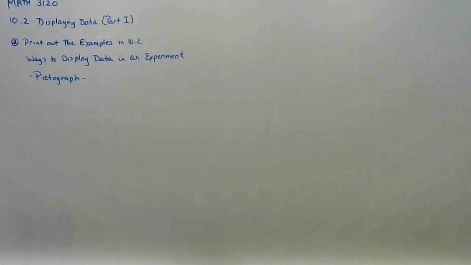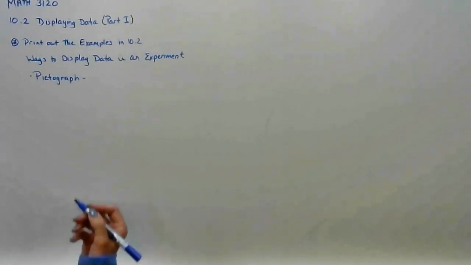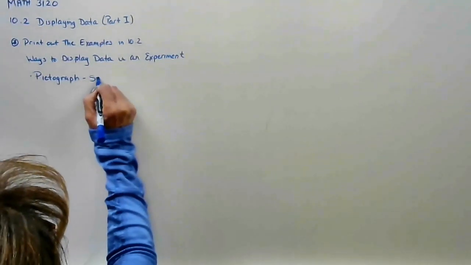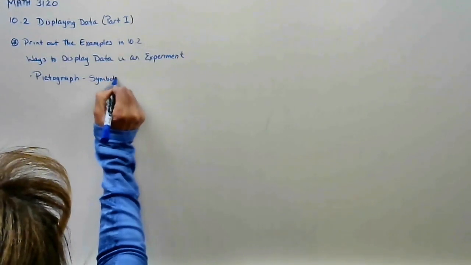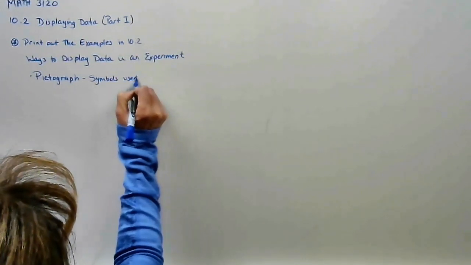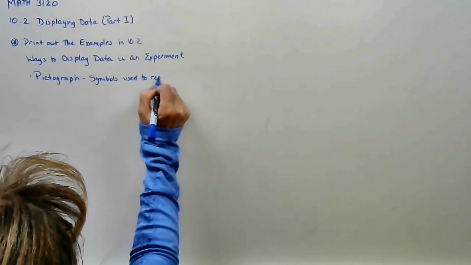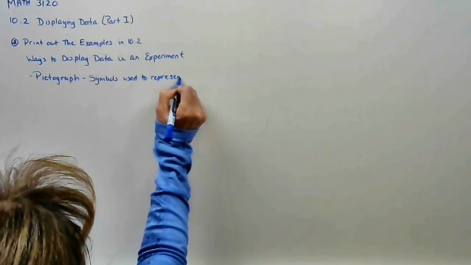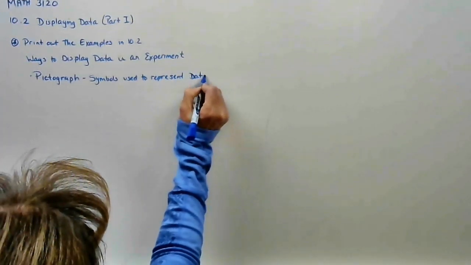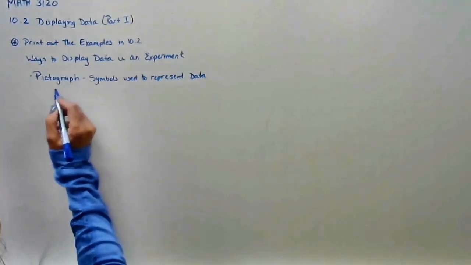A pictograph is a picture that represents what we're talking about. So it's a picture of a graph. Instead of numerical values, there's a symbol to represent the data points. So it's kind of like a picture of a graph.